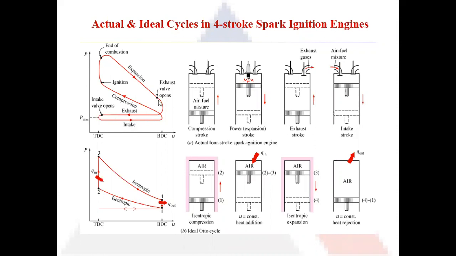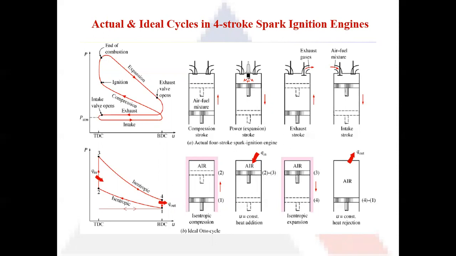Similarly, for the exhaust stroke, the pressure inside the cylinder should be greater than the atmospheric pressure. Only if the pressure inside the combustion chamber is greater than the atmospheric pressure will the air from inside the combustion chamber move outside. If the pressure is the same, the airflow will not take place.